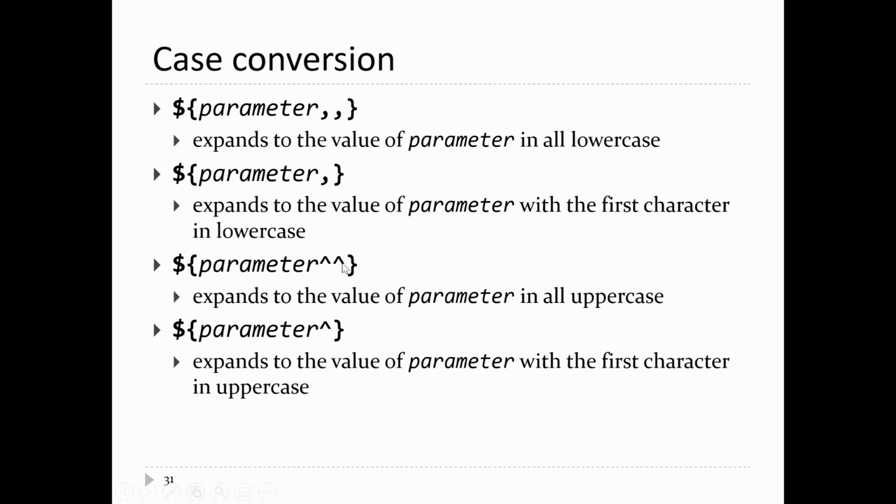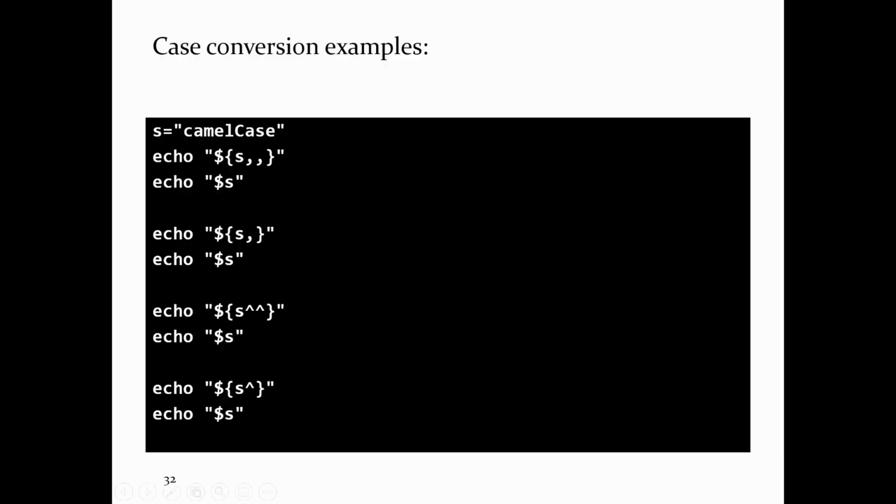Caret, caret converts everything to uppercase, and then the single caret converts just the first letter to uppercase. I see lots of people jotting this down, so I'll just wait for a second. So comma, comma, all lowercase; comma, only the first letter to lowercase; caret, caret, all uppercase; and caret, only the first letter to uppercase.